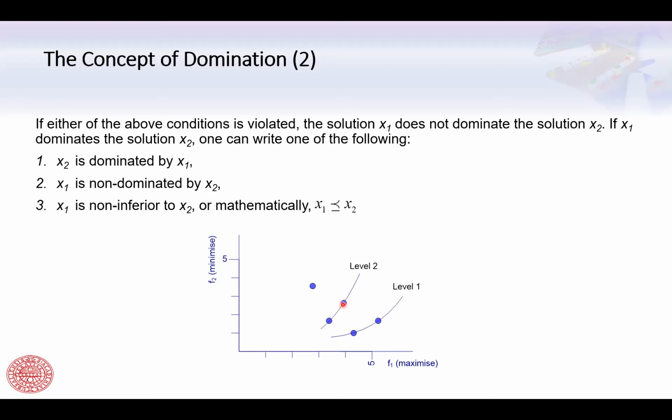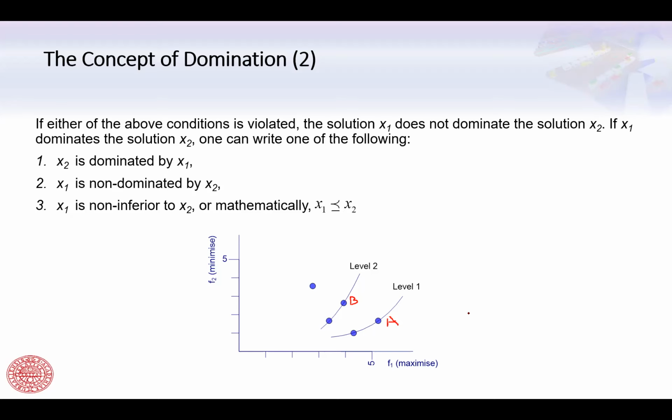That's why we put them into two different levels, because we could easily see that if we call this solution A, and this solution B, then of course A dominates B.